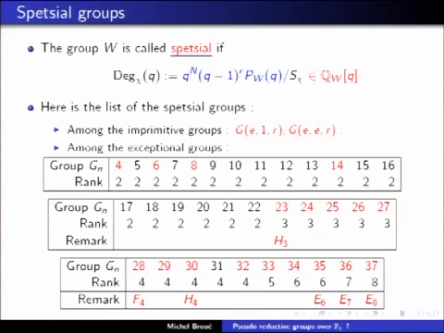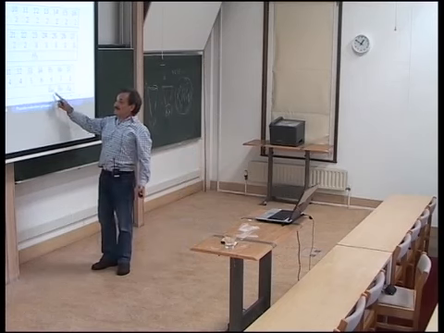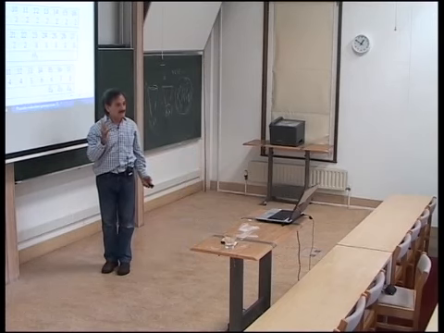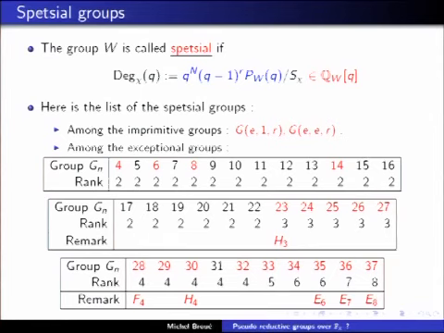So if you can see, I can read them for you. The 4, the 6, the 8, the 14, 23, 24, 25, 26, 27, quite a lot in large dimension, 28, 29, 30, and the last ones. Of course, some of them are obviously spatial, the Weil groups. So I pointed out the Weil groups, which are obviously spatial.